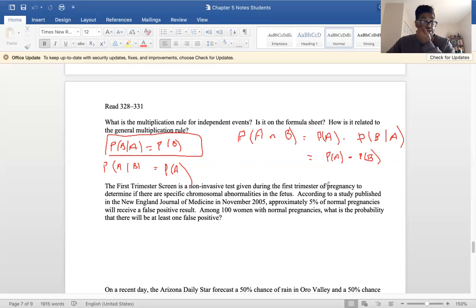Because we know they're independent, we can just multiply the two probabilities together. So that's why when you're flipping a coin, if you want to find the likelihood of getting a head and a head, you just multiply 0.5 and 0.5 together, because those are independent events. And again, these are not on the formula sheet.